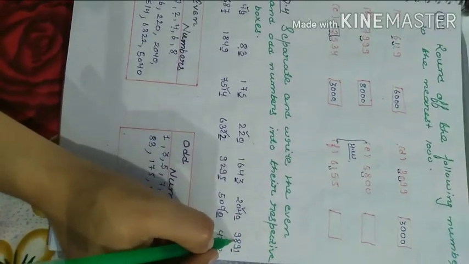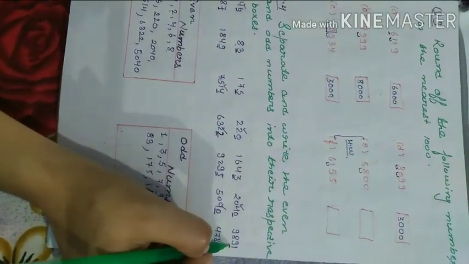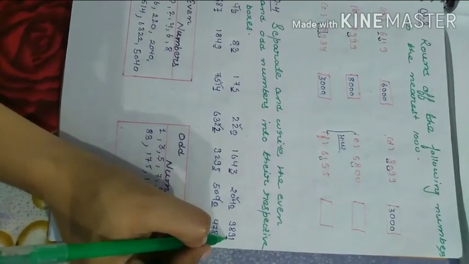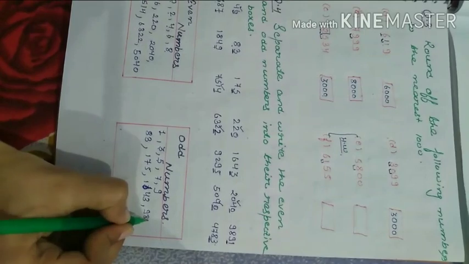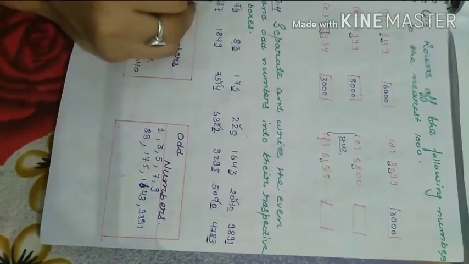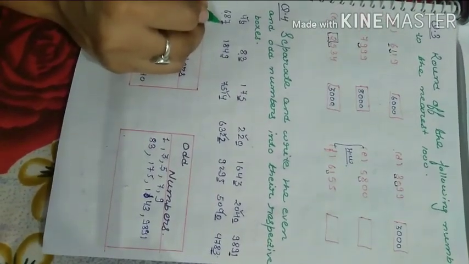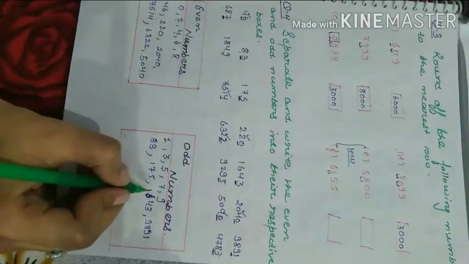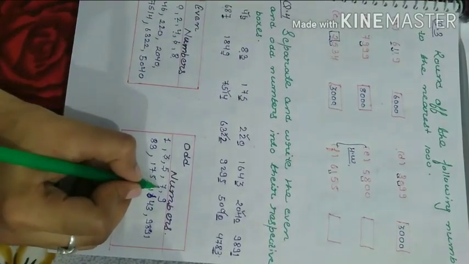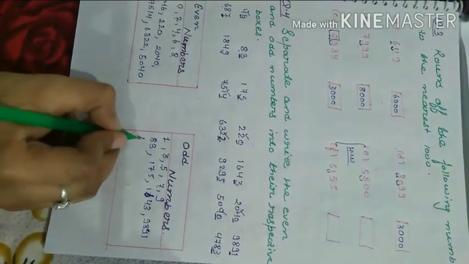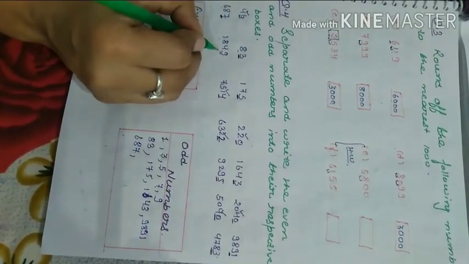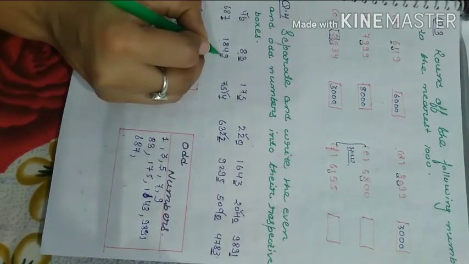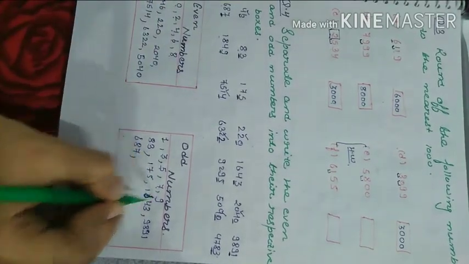Here 9891. At last we are having 1. So this is our odd number. Now here at last, that means at ones place, we are having 7. So this is our odd number. Now next look at this number. It is 9 and here also 9.